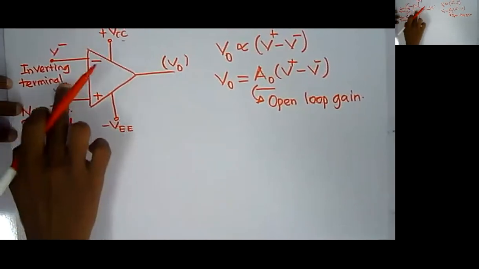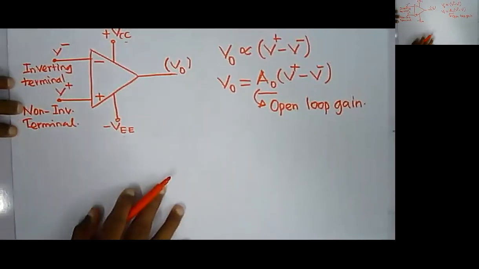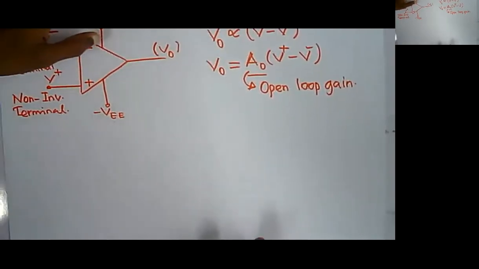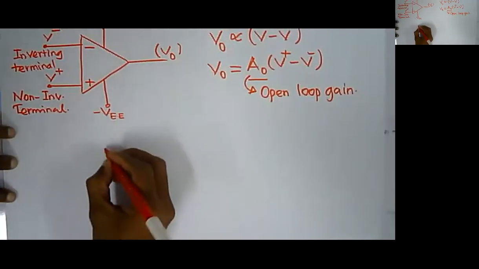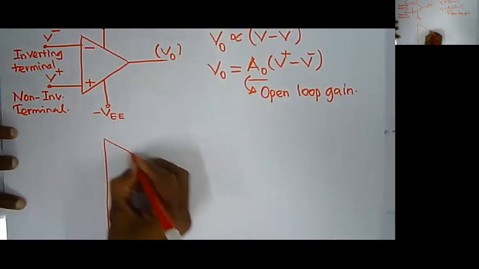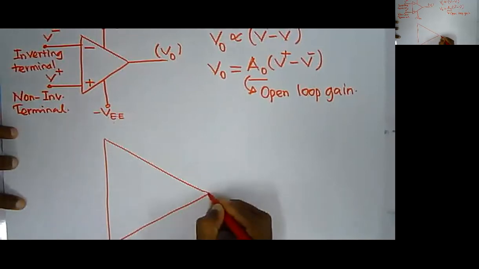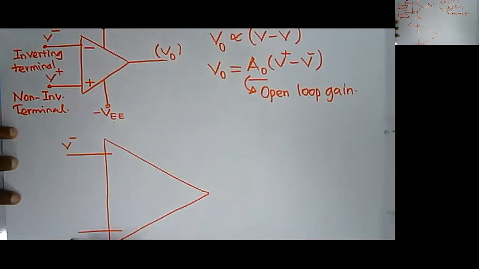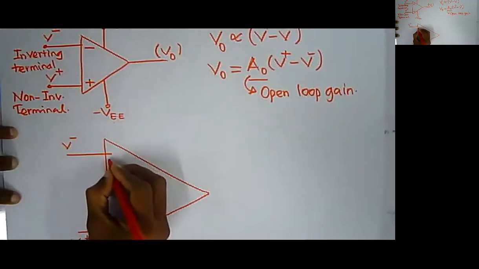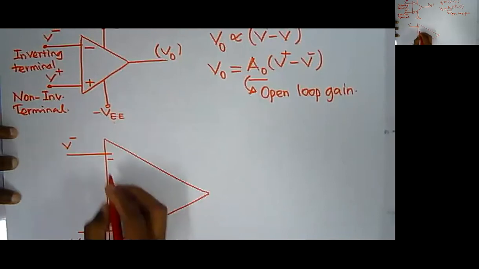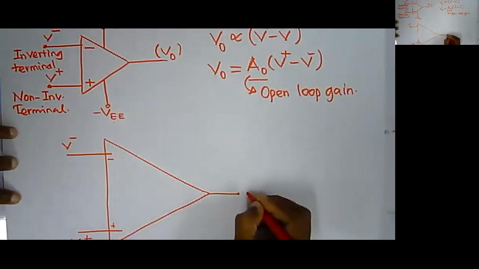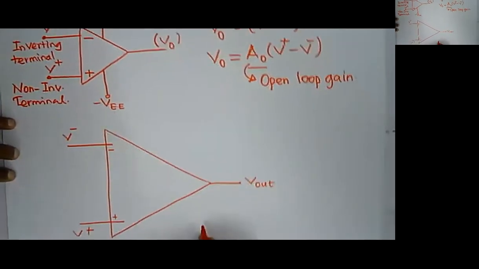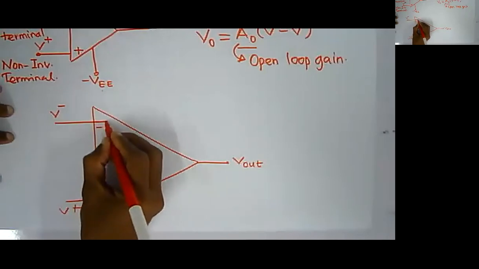Now let's see the inside. I'll draw the operational amplifier circuit with the input resistance and output resistance, a bit bigger. This is my V minus, and this is my V plus, the inverting and non-inverting terminals, and this is my V out. Of course, I have power supplies, I'm just leaving them out for now.